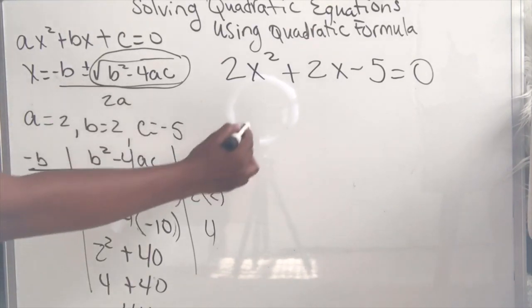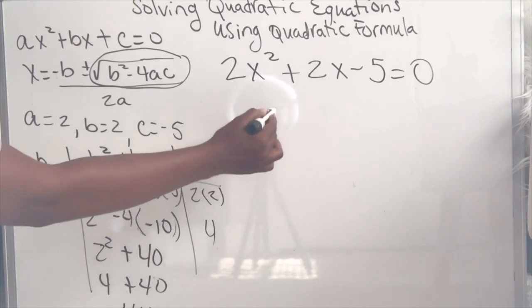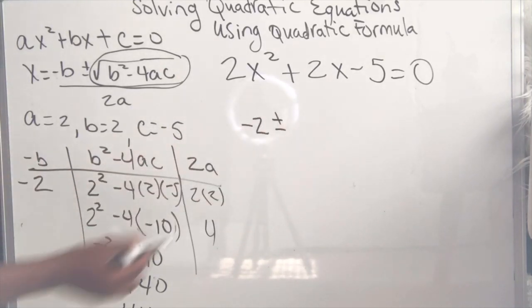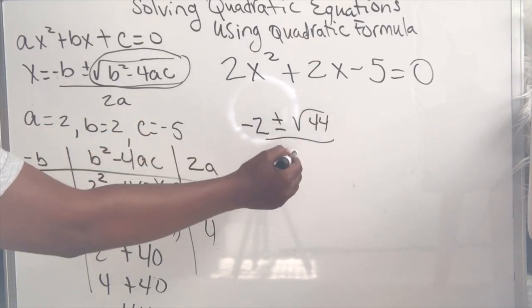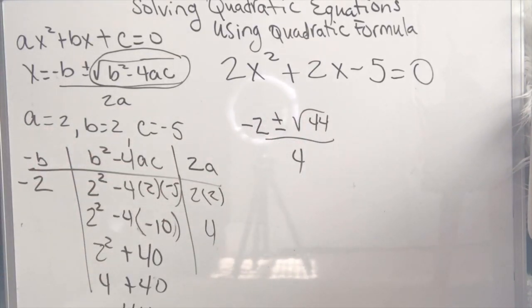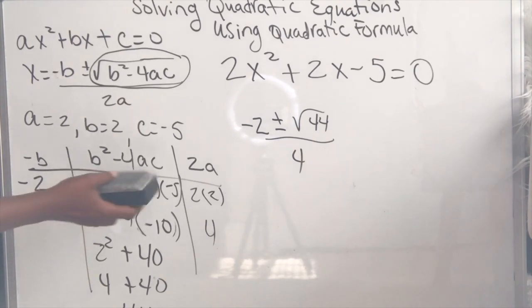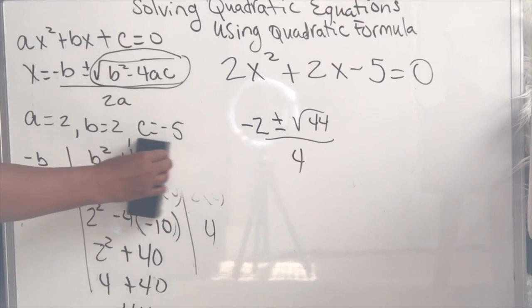So now we plug it in. So we have negative 2 plus or minus the square root of 44 over 4. What I like to do with my square roots is simplify them. So I like to figure out the square root of 44, and if anything can come out of that, I like to go ahead and simplify it. So I'm going to erase this, and we're going to simplify the square root of 44.